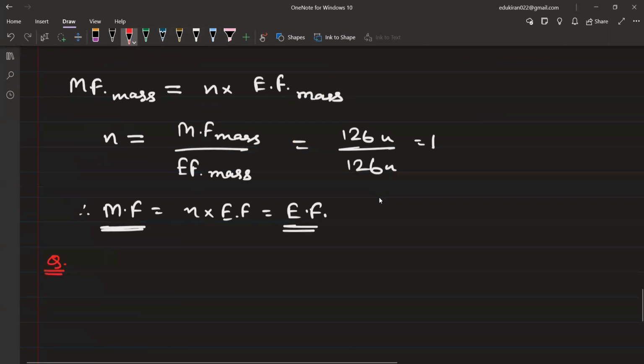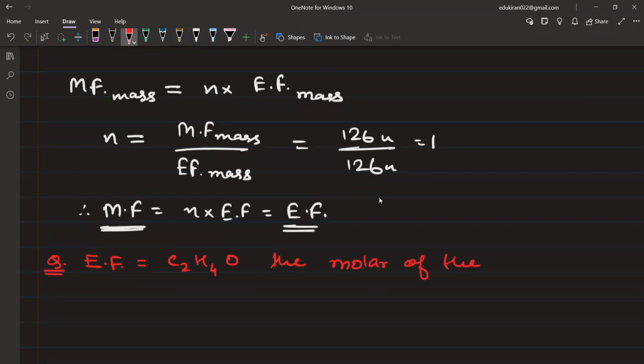We have calculated that for a compound, empirical formula is equal to C2H4O, and the molar mass of the compound is given as 88 U. Calculate the molecular formula.